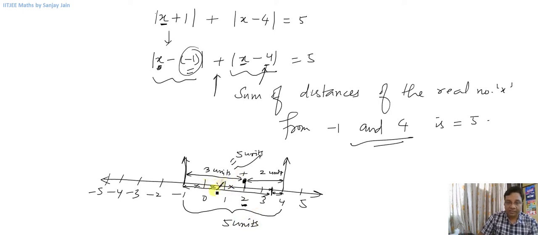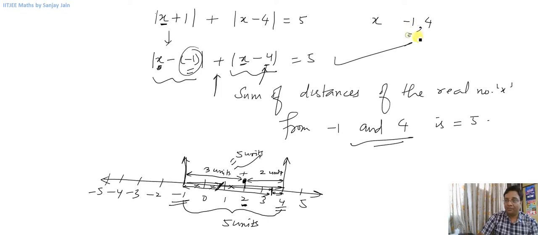If I take this point, then the sum of this plus this is going to be 5 units again. So any number that lies between -1 and 4 will satisfy this equation. So x can be anything between -1 and 4.